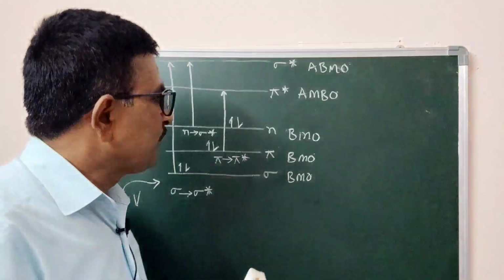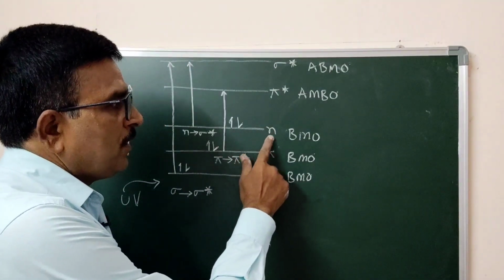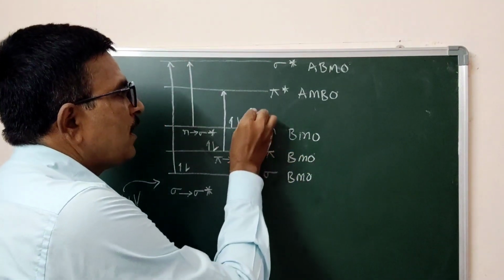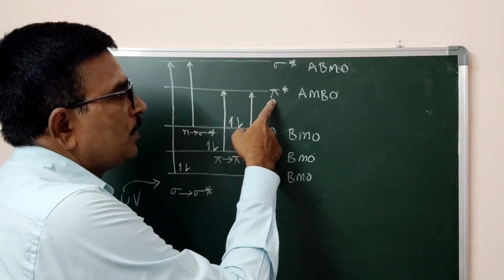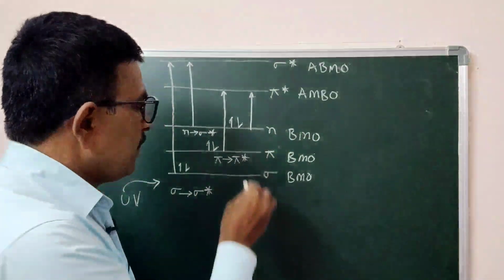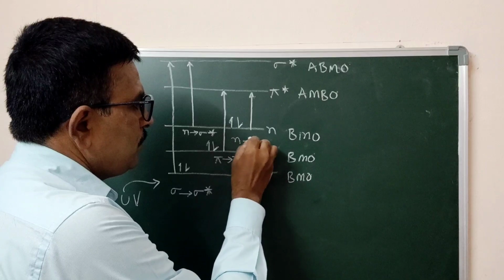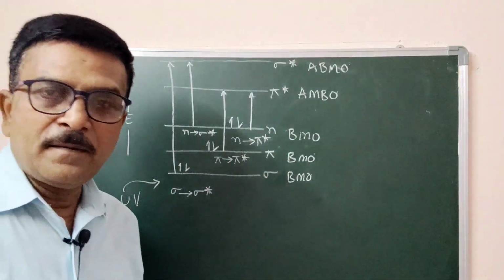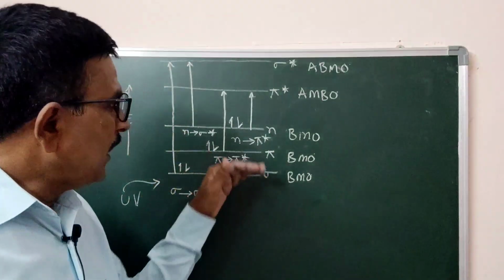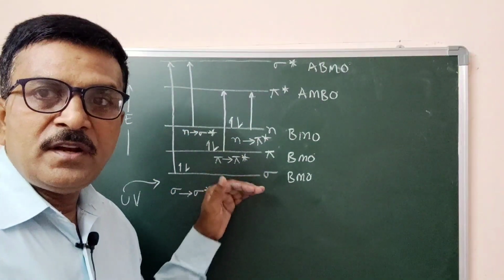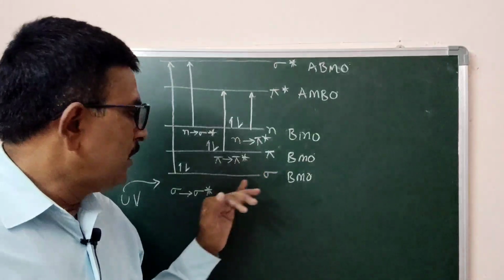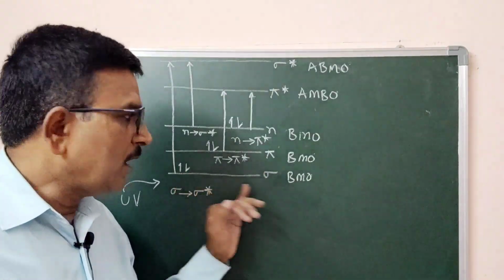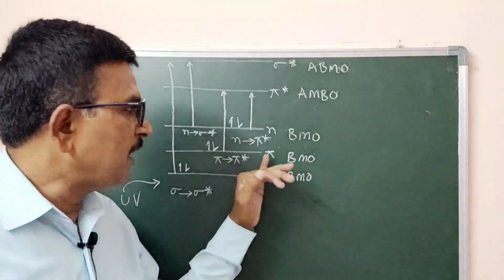The fourth one: the electron from the non-bonding molecular orbital may undergo transition to the pi anti-bonding molecular orbital. This is the N to pi star transition. Is it clear?